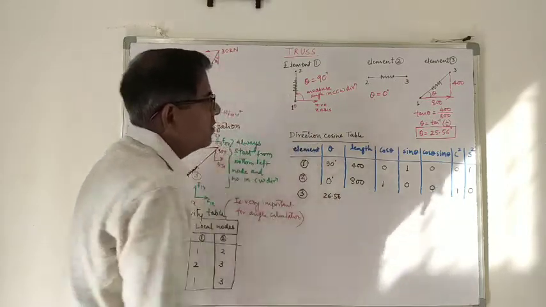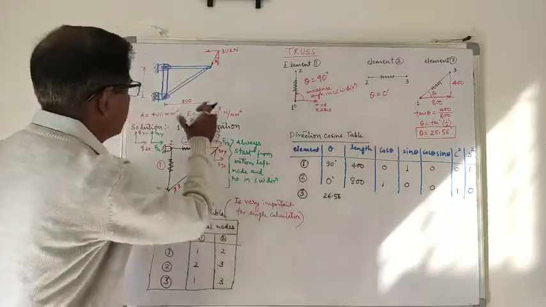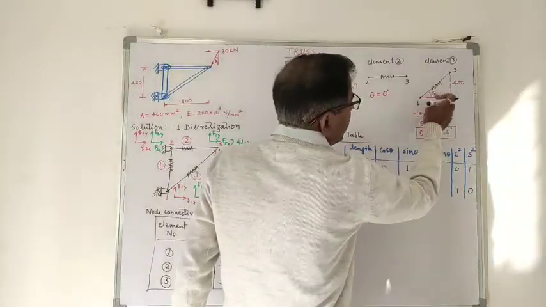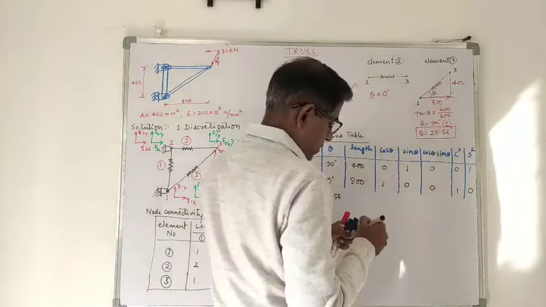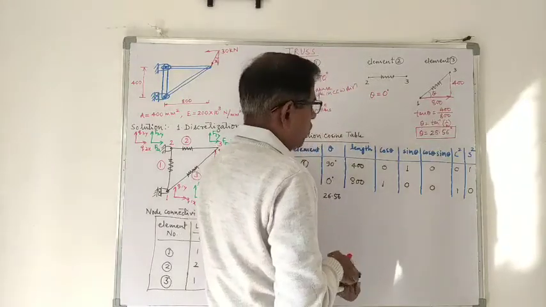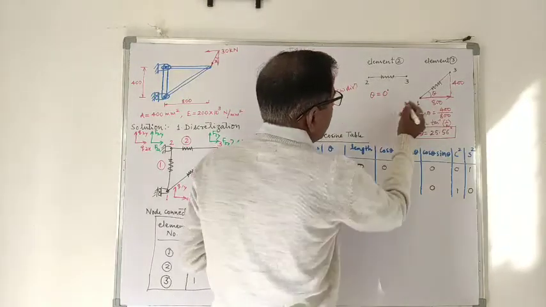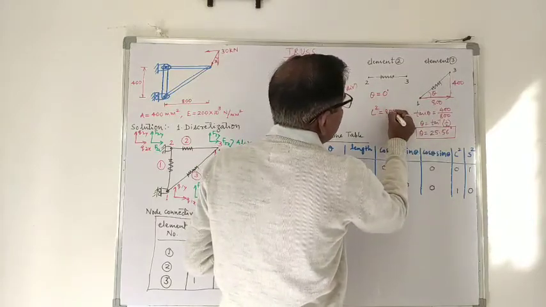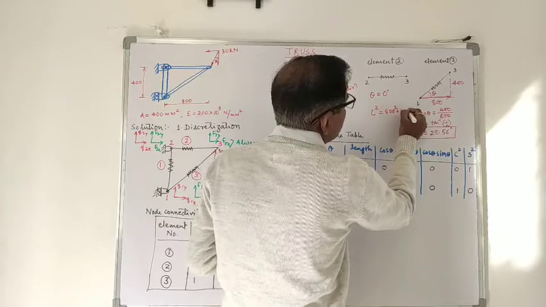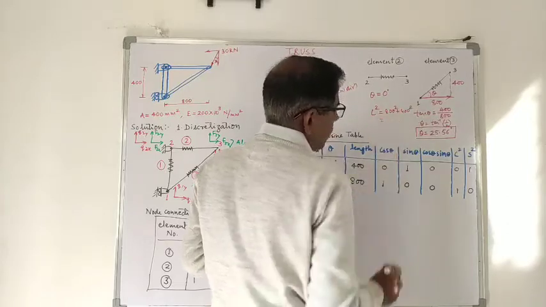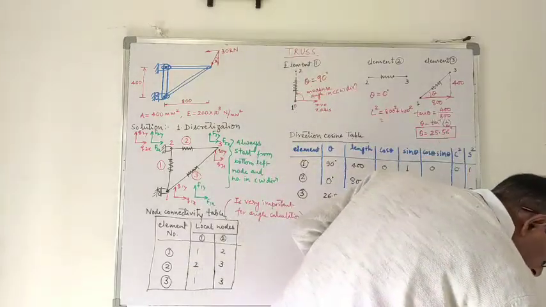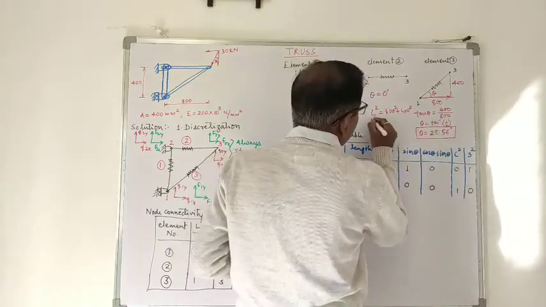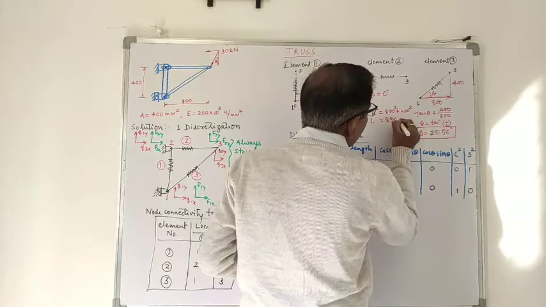Now what is the length of this member? This can be easily found out from here. L square is equal to 800 square plus 400 square. So the length is L equal to 894.42.